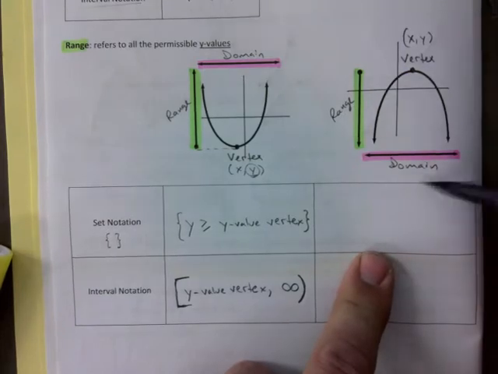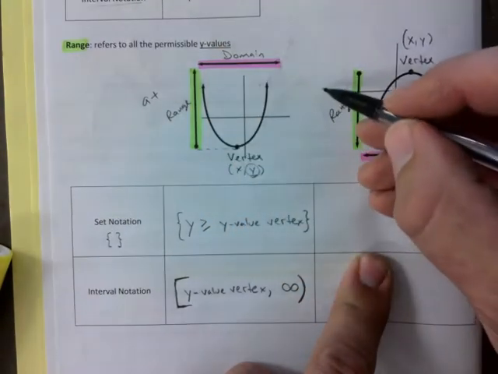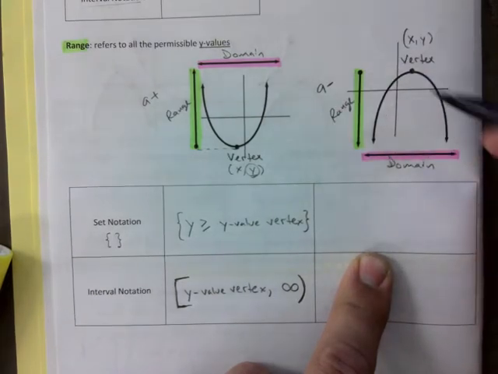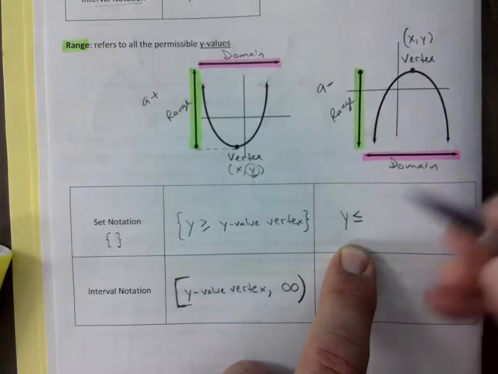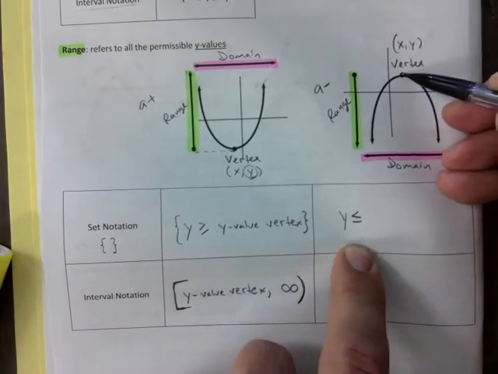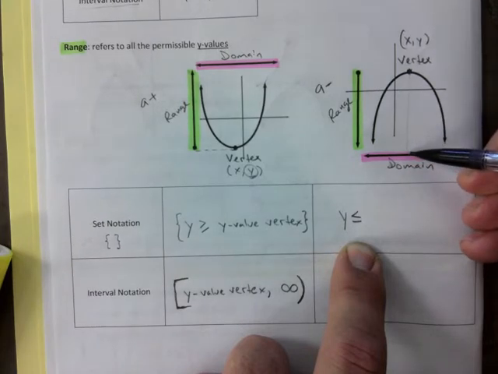On the other hand, when you have a parabola that's pointing down, here A would be negative, right? It's pointing down. In this case, y would be less than or equal to, because remember, this is the highest y value, and then every other y value would be less than it.